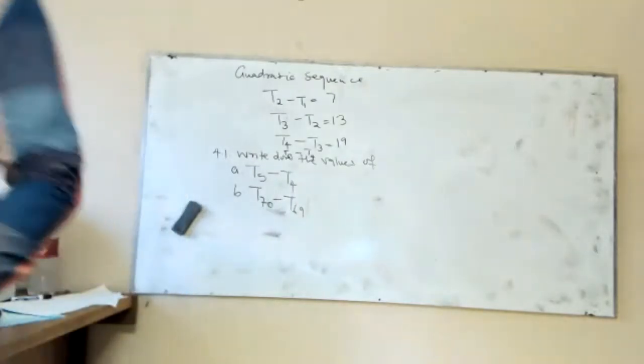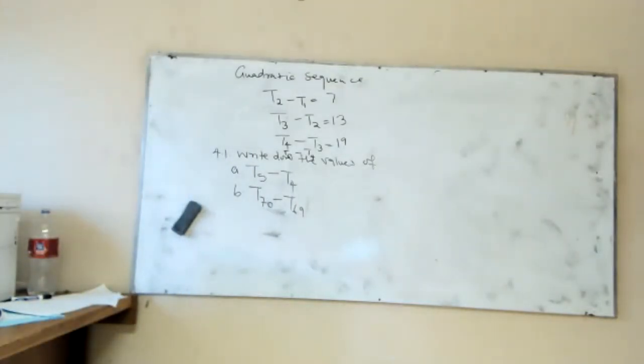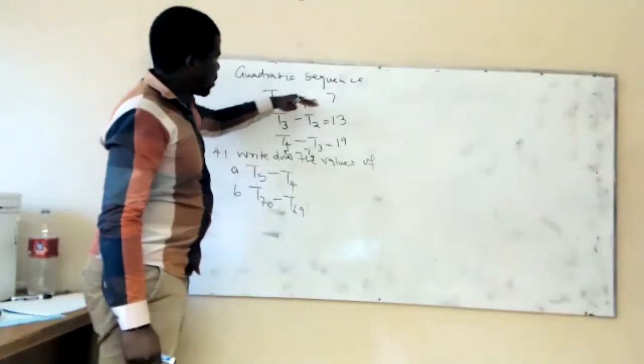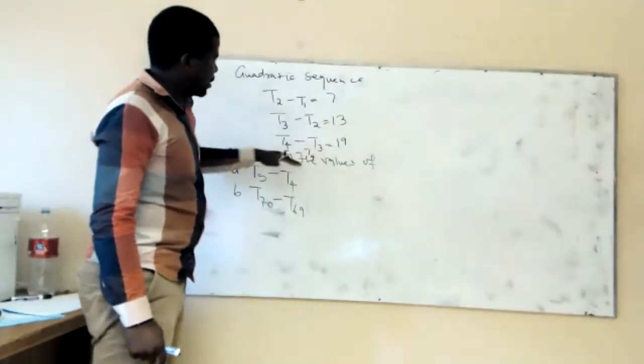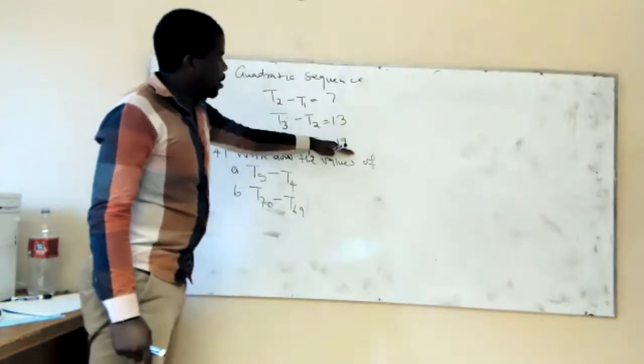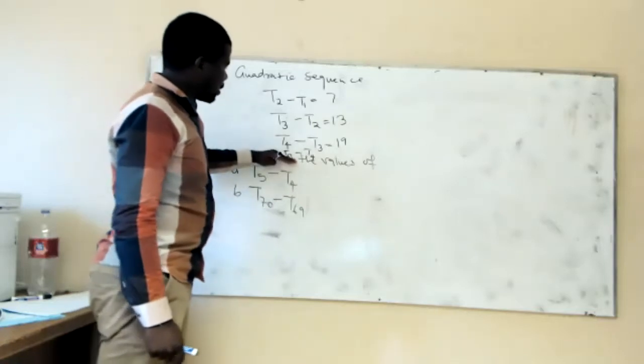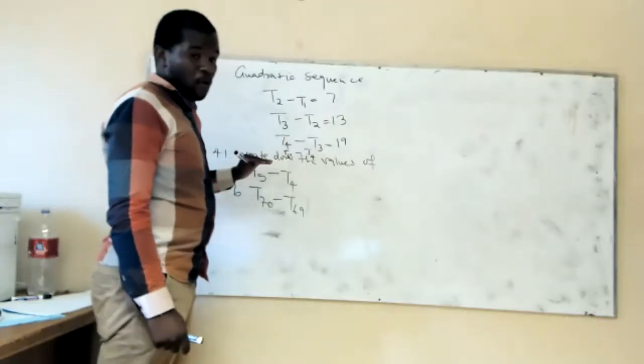Let me switch off these things now. Okay, so it's fine now. T2 minus T1 is 7, T3 minus T2 is 13, T4 minus T3 is 19. The next term must be T5 minus T4.